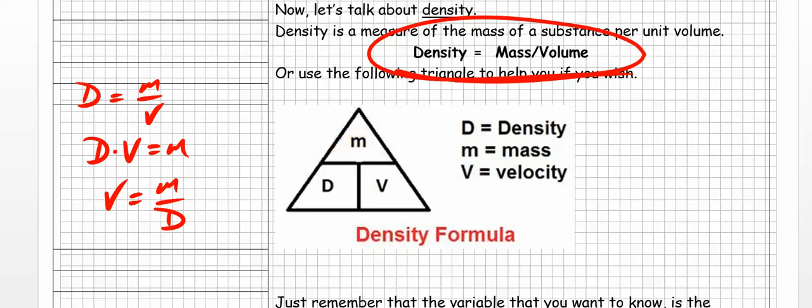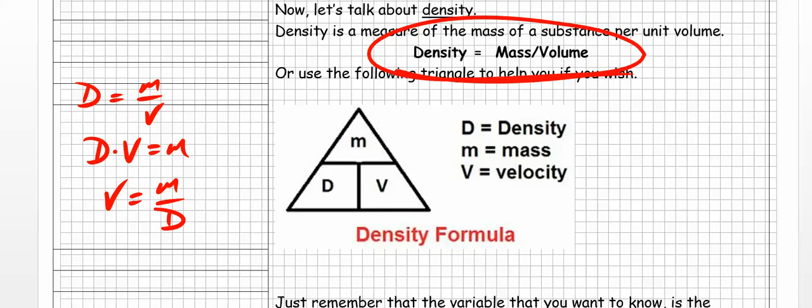So let's now talk a little bit about volume. How do I arrive at volume using the triangle method? I'll just cross over the volume. When I do, what's left? We have mass divided by density. Well, that's exactly what I've got here. Mass on top, density on the bottom. So, again, it's entirely up to you. If you prefer the triangle method, that's fine.